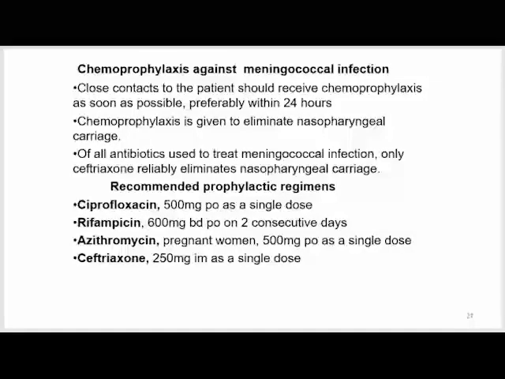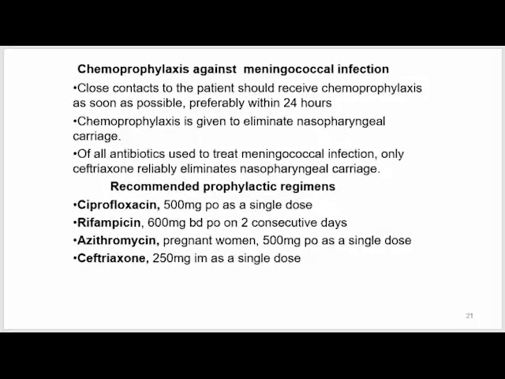And those are the following drugs that are used for prevention: Cipro, 500 milligram orally. Just a single dose, 500 milligram is enough. Rifampicin, 600 milligram twice a day orally on 2 consecutive days. For women who are pregnant, because they may not use Cipro, we can use azithromycin, 500 milligram as a single dose.